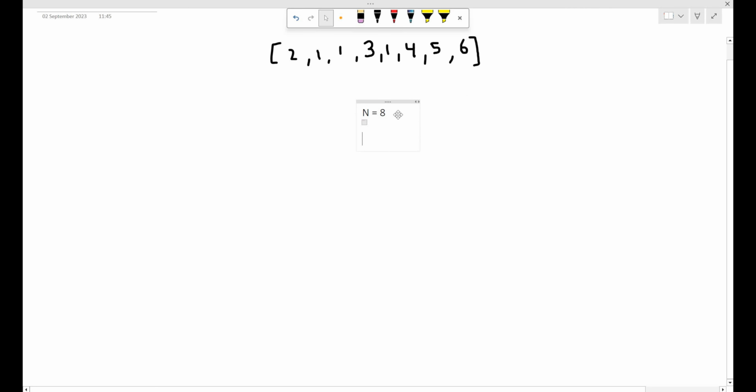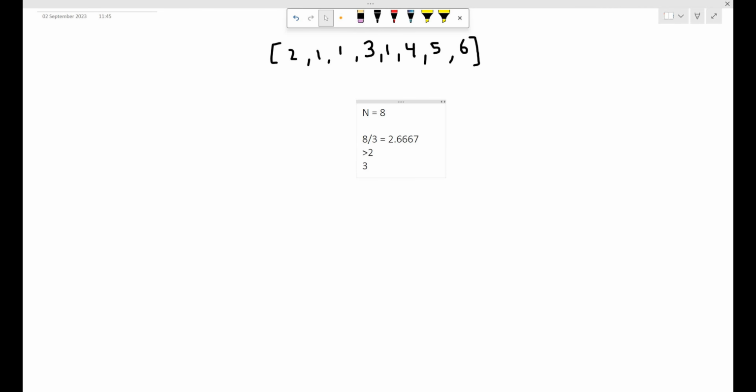And by simple mathematics, if I do 8 by 3, I will get 2.66, and if I take the floor of it, I will get 2. And if I'm looking for greater than 2, that means 3.